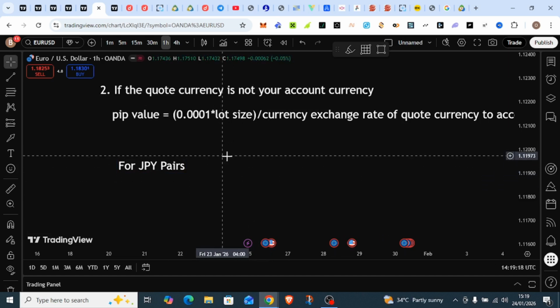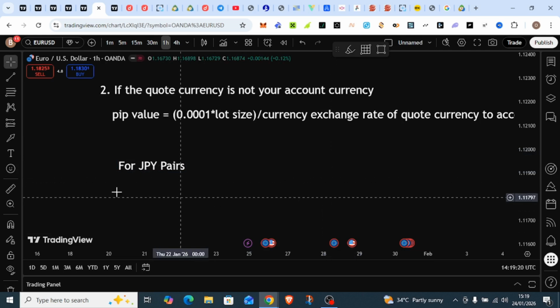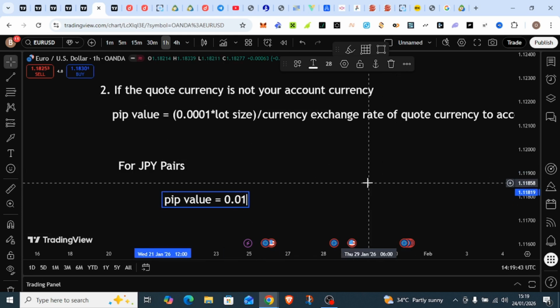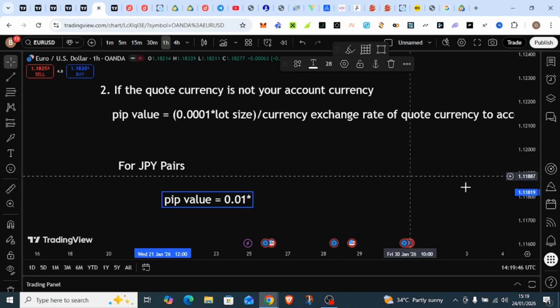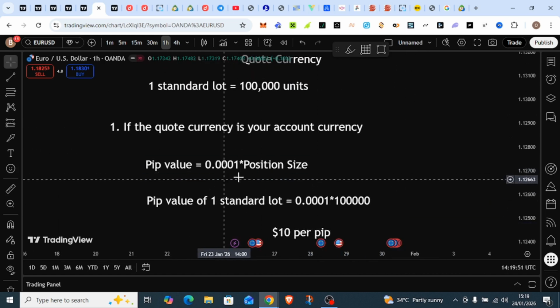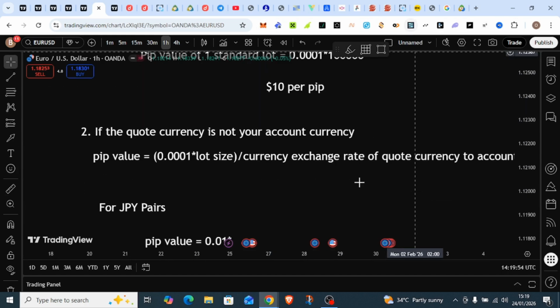Pip value will be equal to, instead of writing 0.0001, since it is quoted in two decimal places, you just have 0.01 times, for the first condition, I've seen it here, the position size.